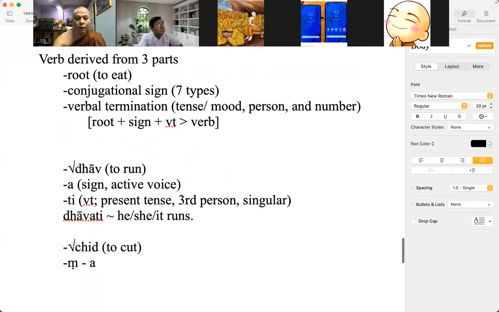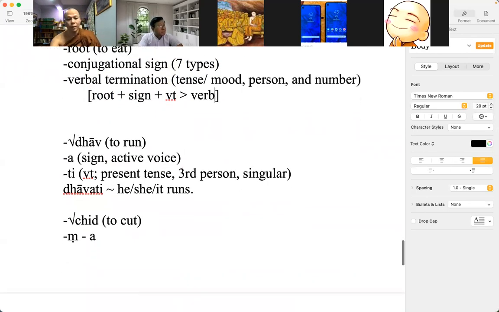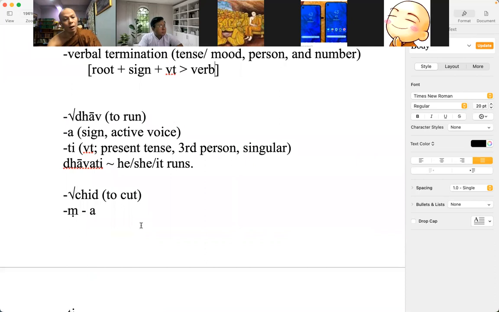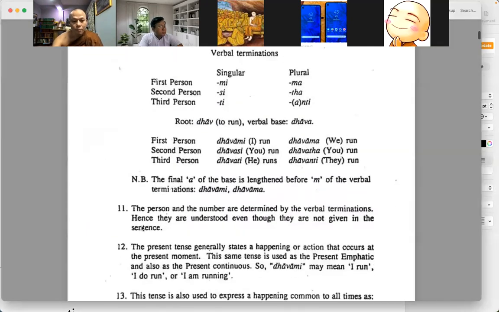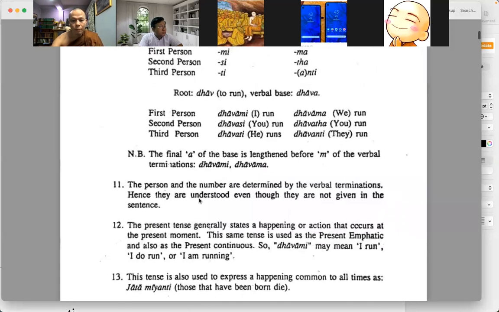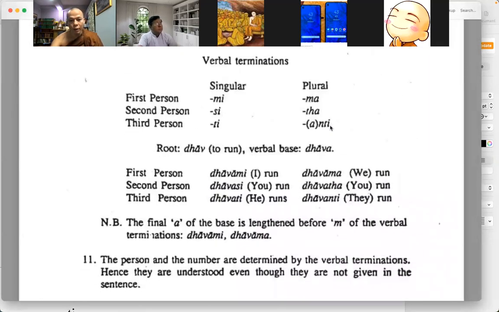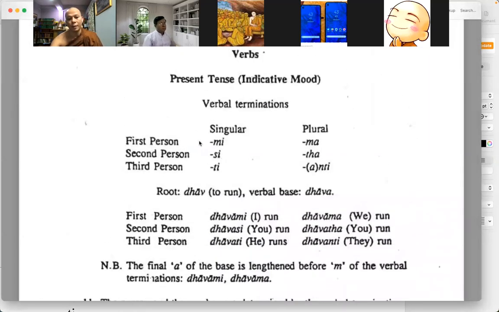So now we have 10 minutes. Let's see in Pali grammar. In English, first person is first, second person is second, third person is third. But in the Pali tradition, traditional Pali grammar, third person is first.